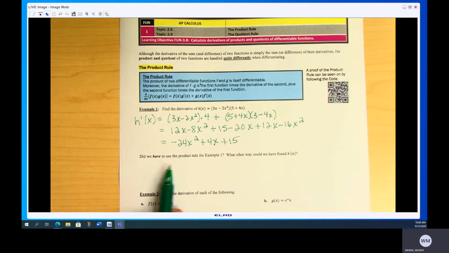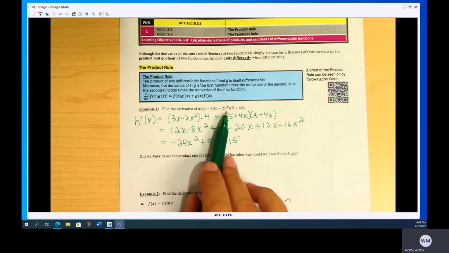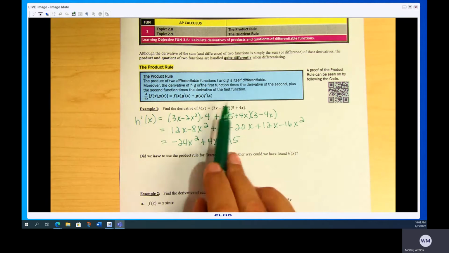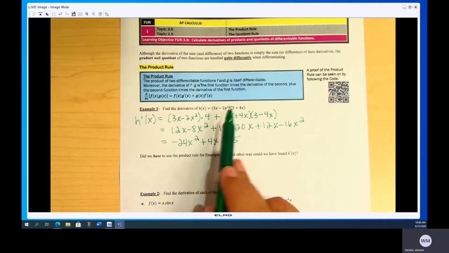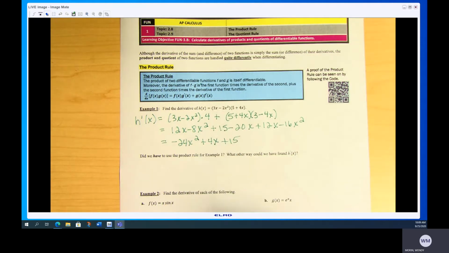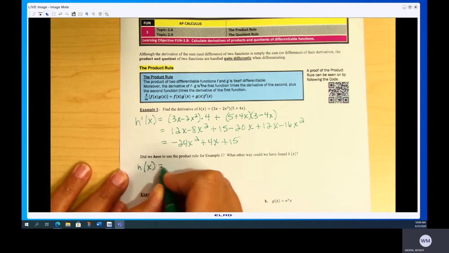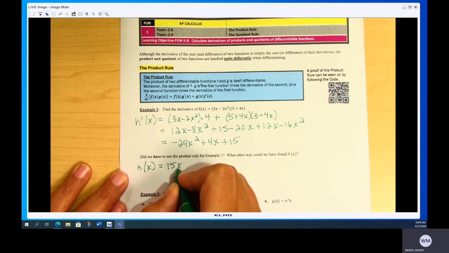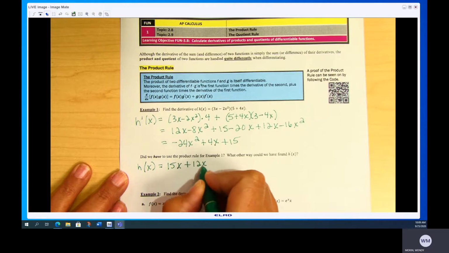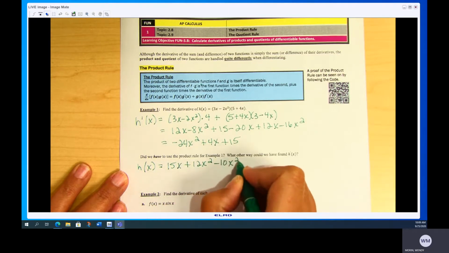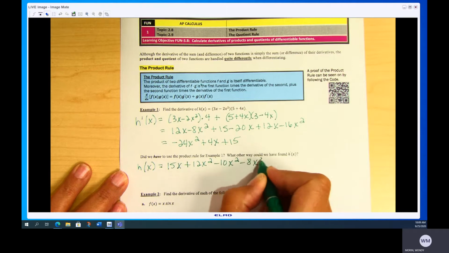Now, do we have to use the product rule in example number 1? Have we done problems like this in the past? Another option would be to FOIL this out first. So we could start with h of x, FOIL, you get 15x plus 12x squared minus 10x squared minus 8x cubed.